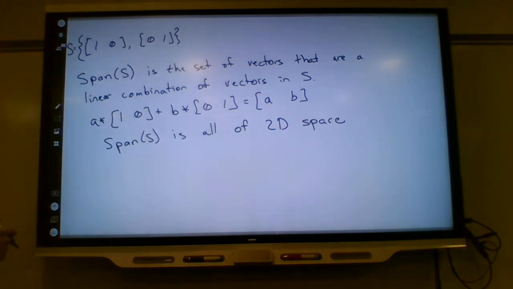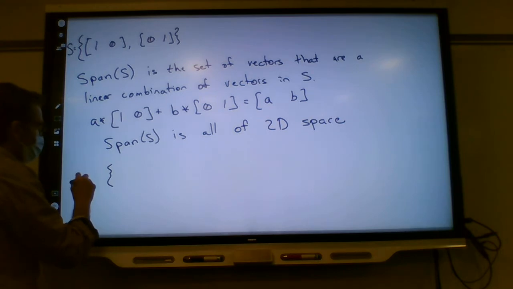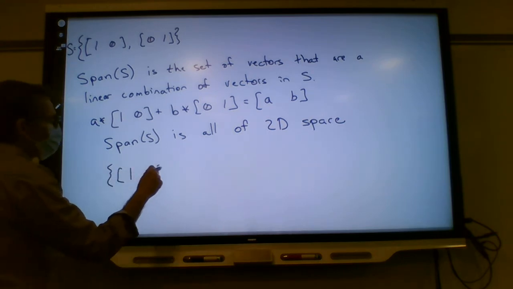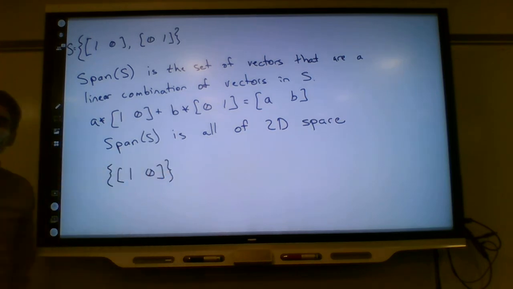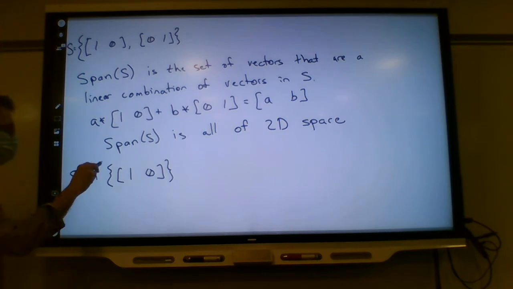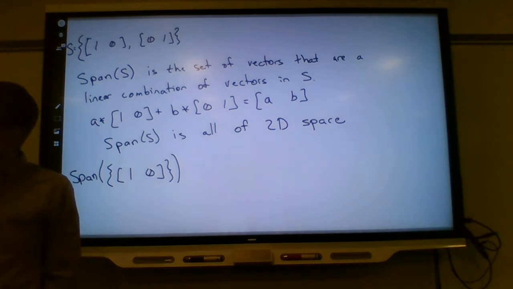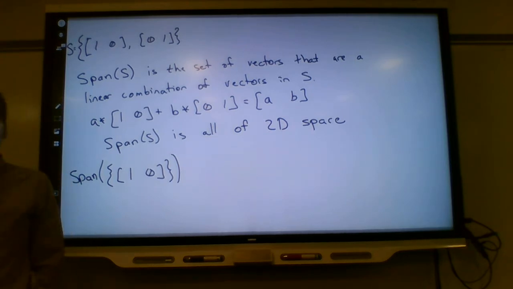Now, what if we only had one of these? What if we only had this vector? We want the span of that one. So what would we be able to construct here? Anything with an x, right? It has an x and a 0 for the y. So what kind of thing has any x value with a 0 for the y?